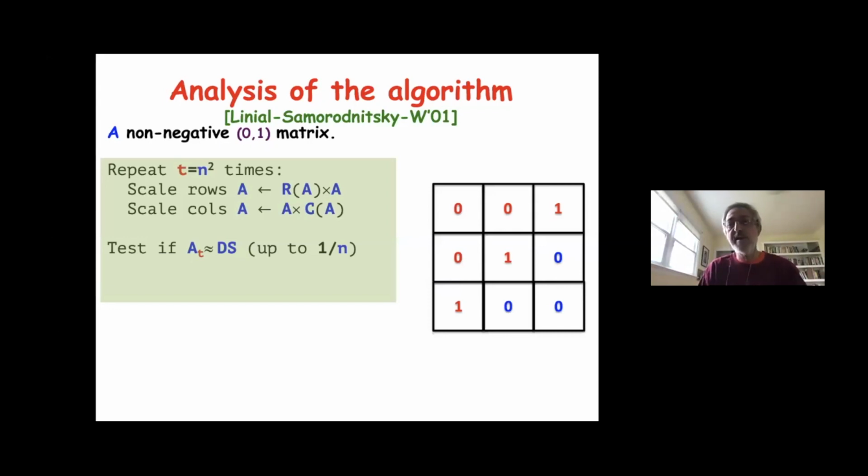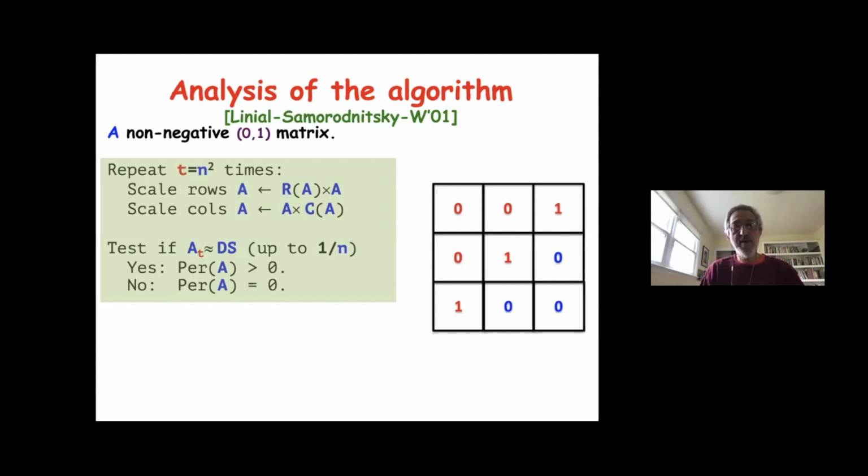One of them will be exactly one, right? Because let's say the last step was normalizing rows, and we check whether the column sums are very close to one. And if the answer is yes, we declare that the permanent is positive, there is a perfect matching, and otherwise we declare that it was zero.